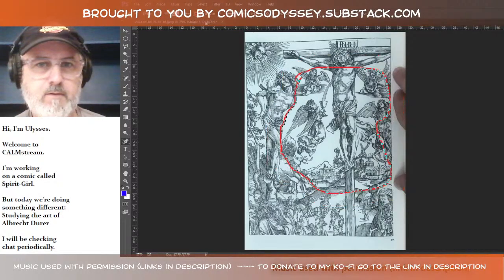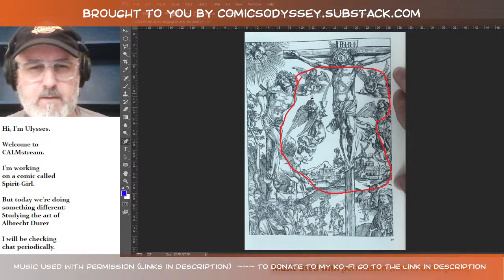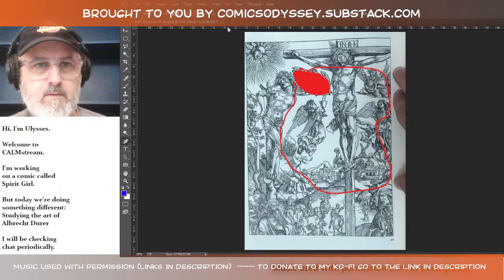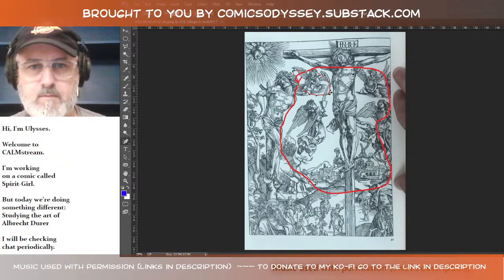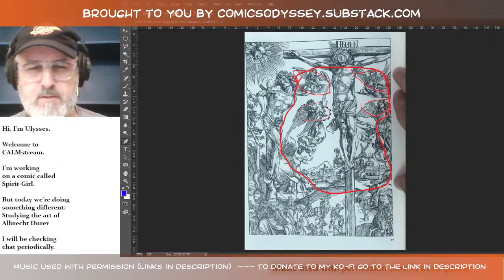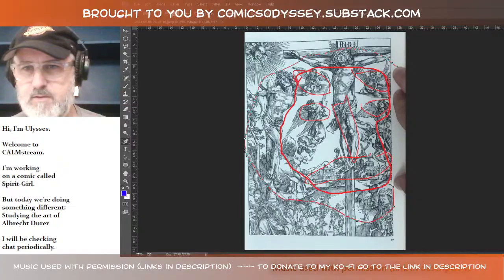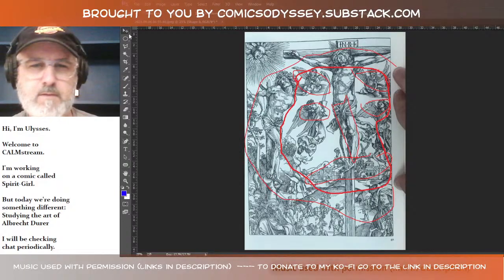Yikes. And then it's pretty messy the way I'm drawing this, but you get the general idea, right?